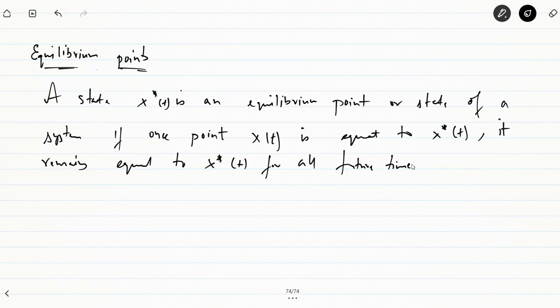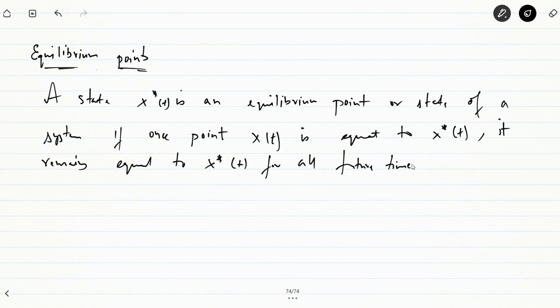A state x star will be an equilibrium point of a system if once the state x(t) reaches x star, it will remain at x star for all future amount of time. Okay.